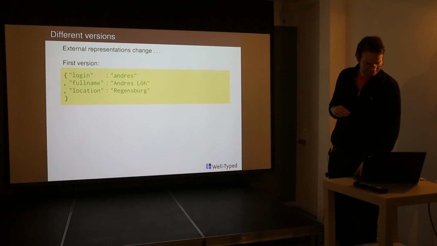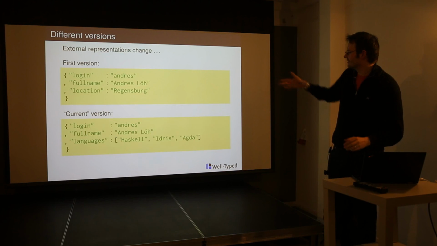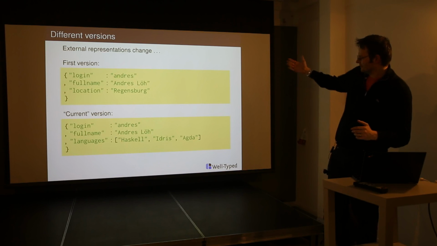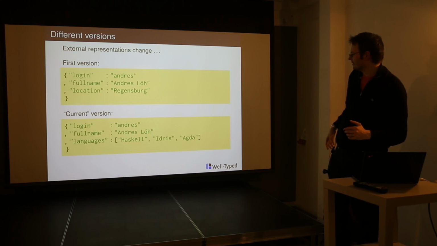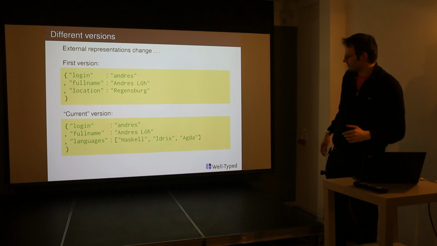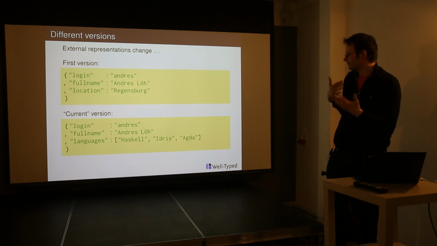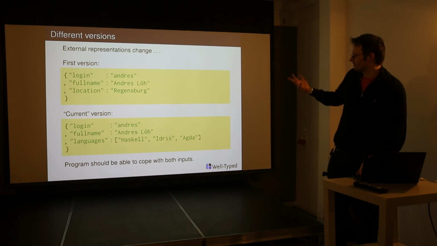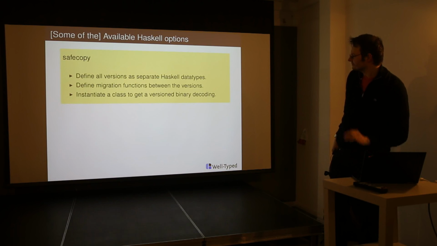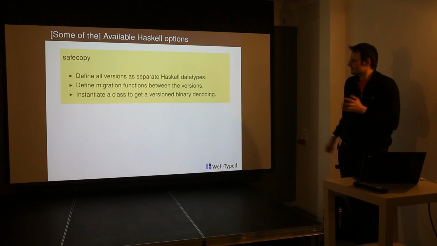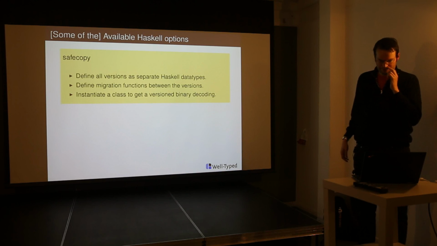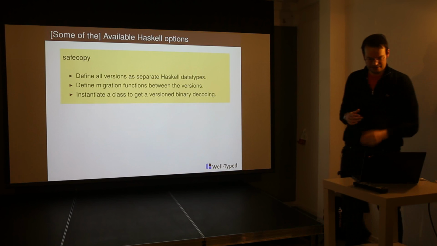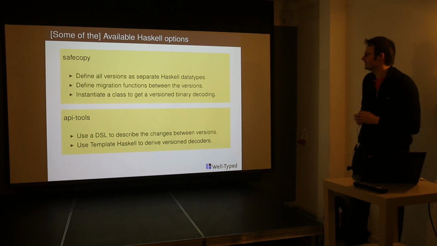Oh, actually, yeah, here is an example for a JSON-like encoding for how it would look with the first version and the last version of the data types, and how the external representation might change. And you might want to have an application that can somehow deal with both of these versions or any of these versions in between. So yeah, two options that are available, for example, for dealing with versioned binary encodings are safe copy and API tools.